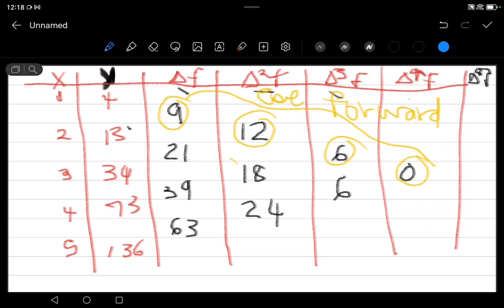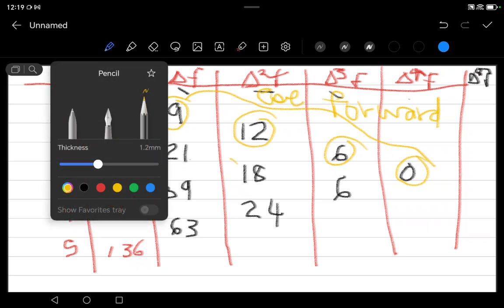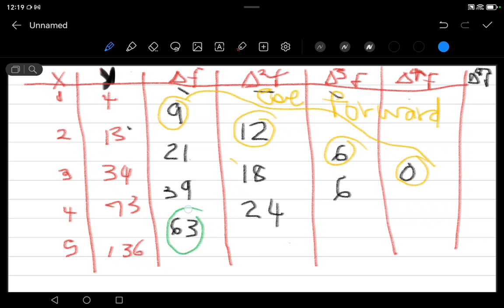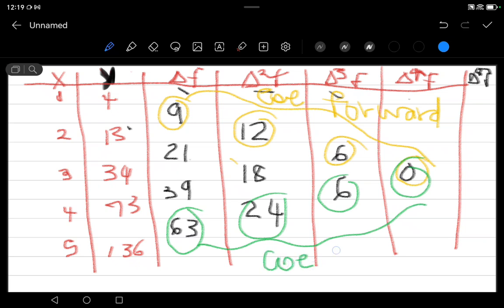And then the one that I'm going to circle with a different color here, these are the backward, okay? The green ones are the coefficients of backward difference. Remember, we have forward, backward, and divided. So the forward ones are the yellow ones, and the backward ones are the green ones, okay?